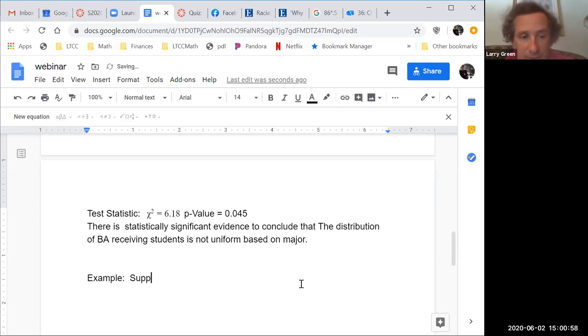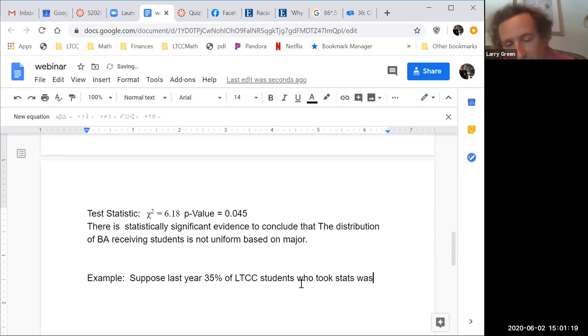Okay, so suppose last year, 35% of LTCC students who took stats were Caucasian. 38% were Hispanic. And the rest were of other races.